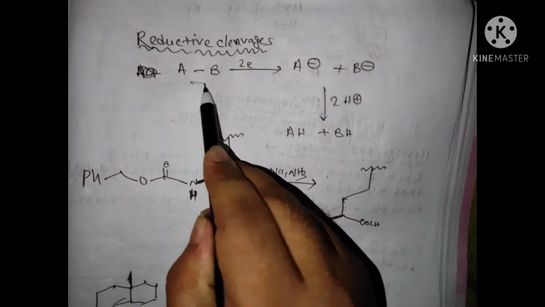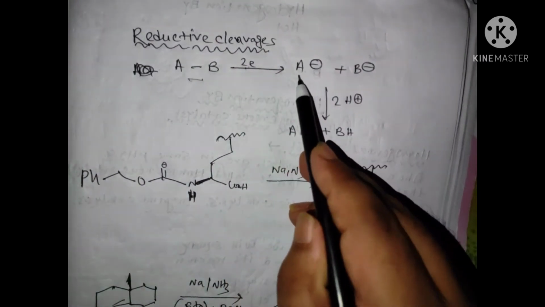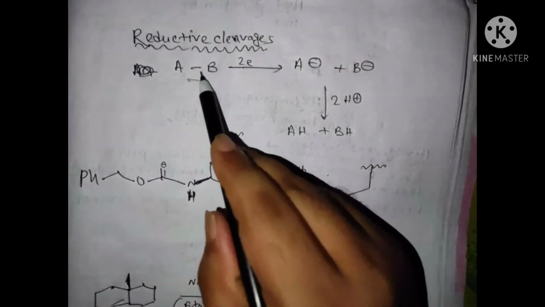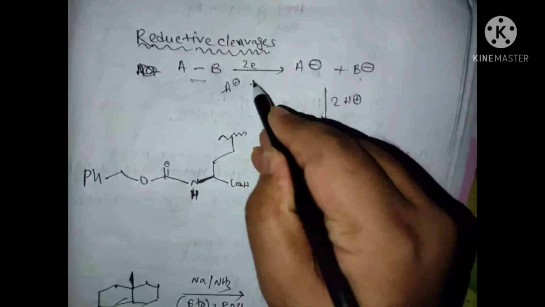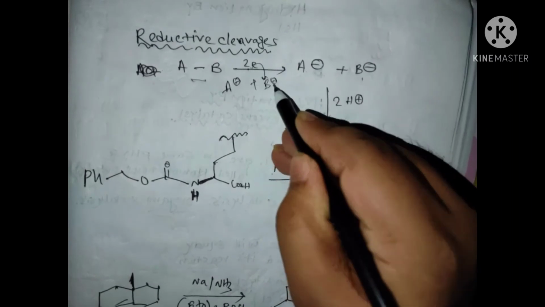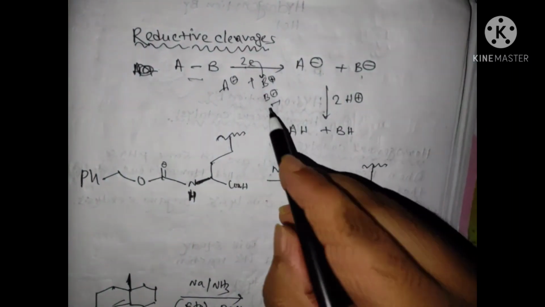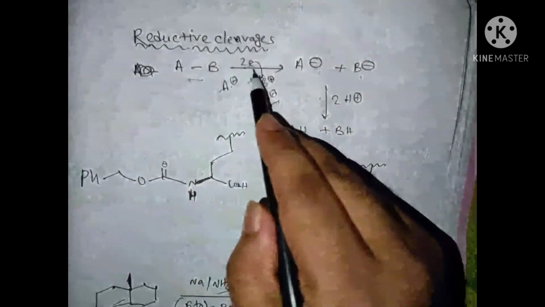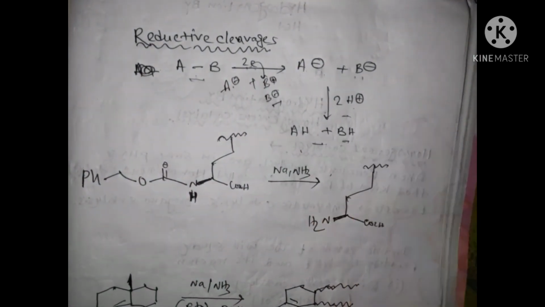This is the bond A-B, and if we put in 2 electrons, it can convert to A minus and B minus. It can form A minus and B plus, and if we put in the 2 electrons, it can also give B minus. This can then be protonated, and we get AH and BH.